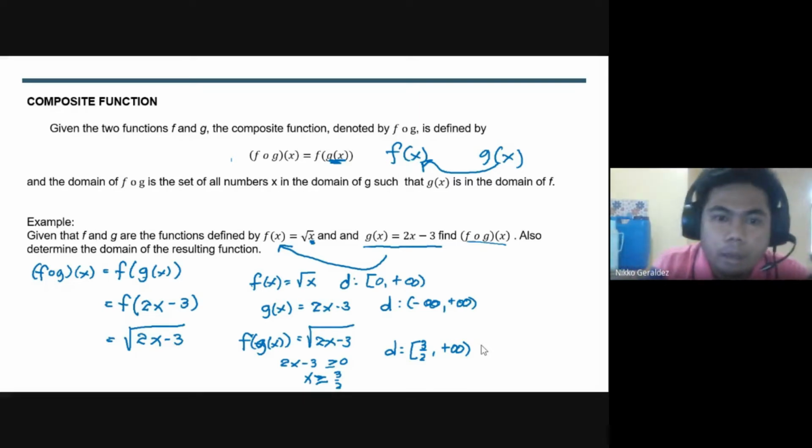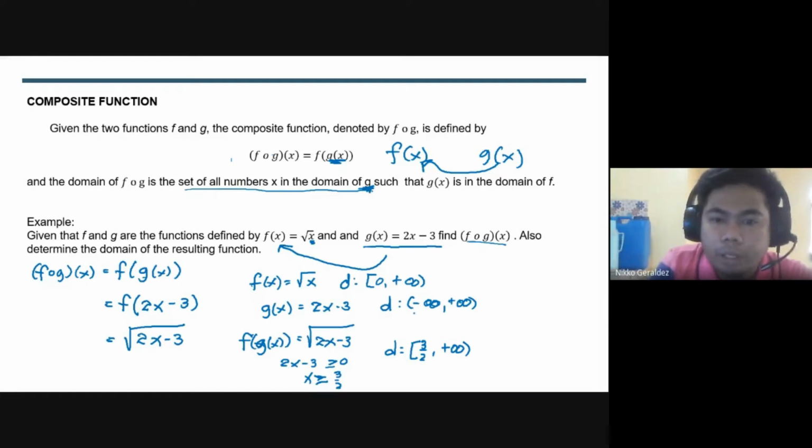kapag sinusulat natin yung domain, titignan natin yung domain ng input function. So, dito sa example natin, sabi, the domain of f composed of g is the set of all numbers x in the domain of g. Sabi dito sa definition, yung domain ng f of g ay set of all numbers in the domain of g.